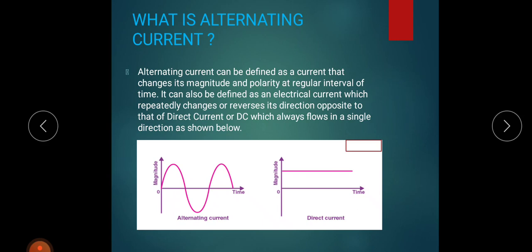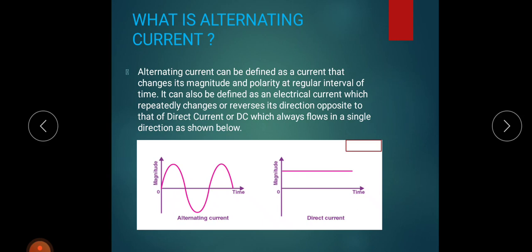The next, what are the main advantages of AC over the DC can be discussed here. Alternating current can be relatively easily and economically stepped up or stepped down with a transformer to suit the applications.